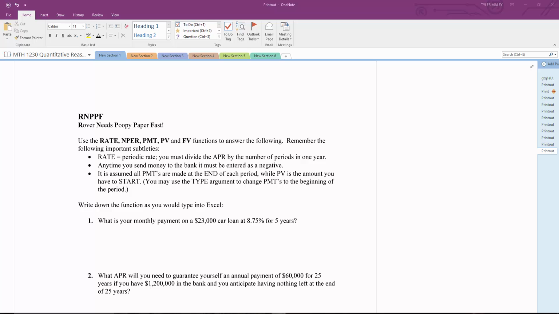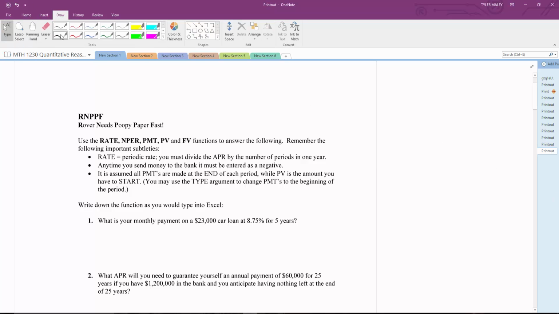So what I want to pay attention to now is if we consider the equation that we've seen before, like P equals P naught times 1 plus R raised to the T power, then we can think of P as a future value.